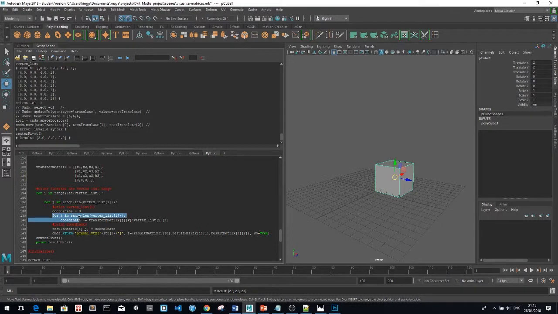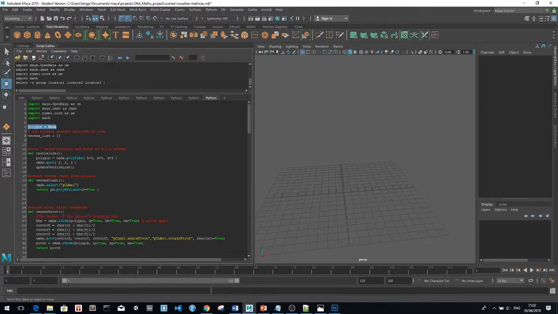The innermost loop will multiply 4 coordinates by each row in our transformation matrix and add them to the coordinate variable, and this in turn will update our result matrix and transform our cube, and then we'll center the pivot, and then we can see the result matrix.